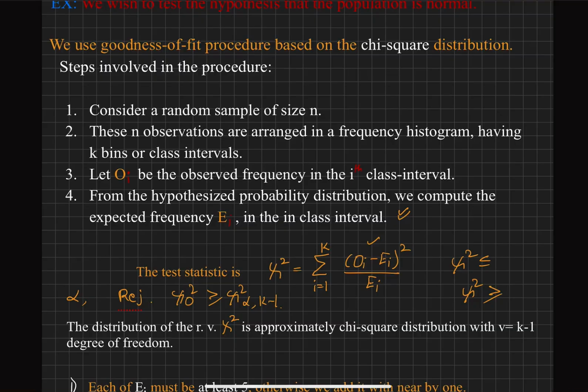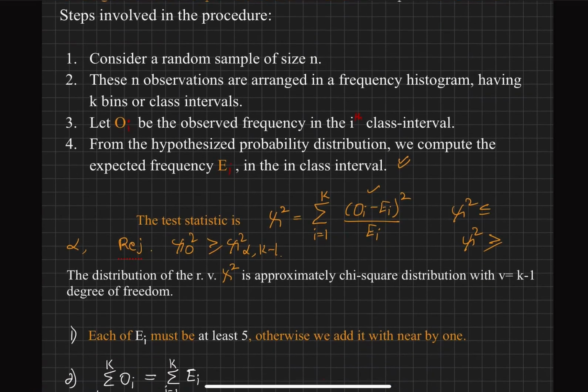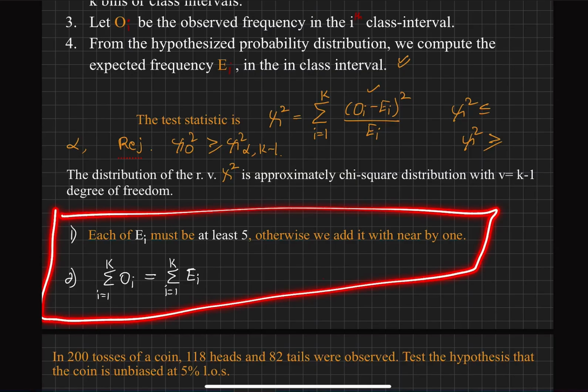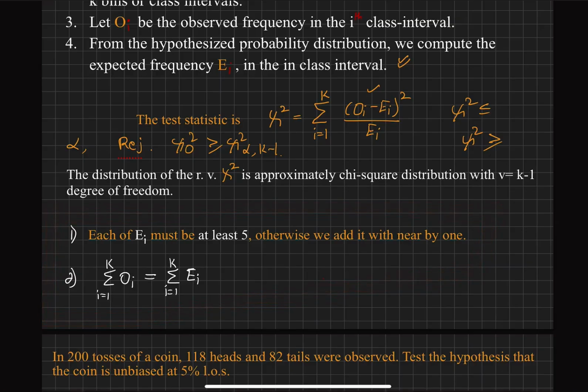This will be the rejection region for alpha level of significance. And we have to take care of two important things here. First, the expected value in each class interval must be at least 5. If somewhere the expected value is less than 5, then we will add that value to a nearby value and make it greater than 5. That means two or more class intervals we might have to add.